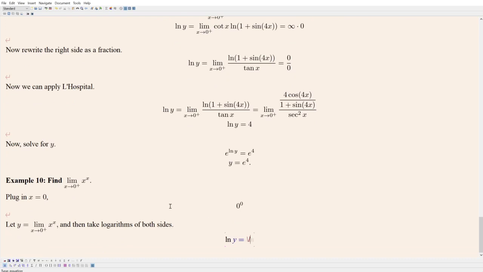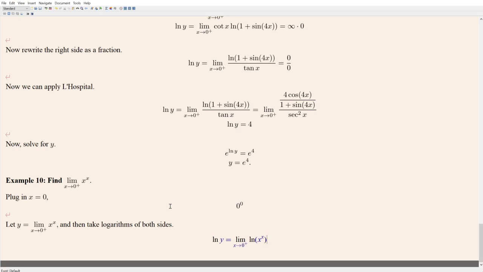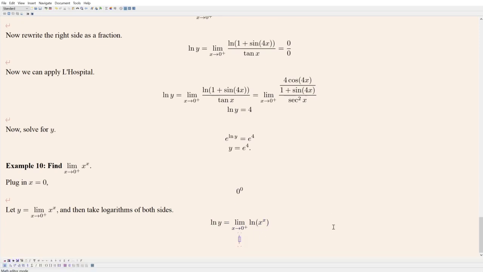So log y is equal to the limit of log of x to the x. I can pull that log inside the limit because it's continuous.